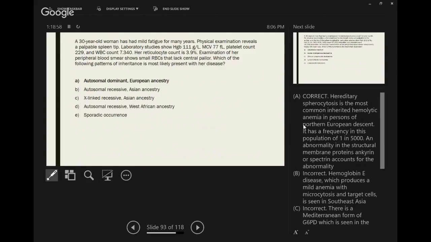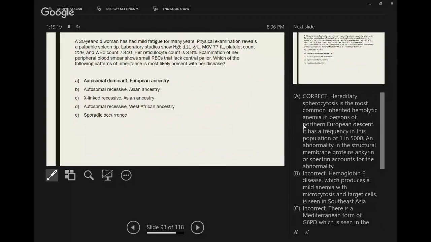Look, the thing is, I don't think beta thalassaemia fits with any of these ancestries. You'd expect to see a Mediterranean or Greek ancestry with beta thalassaemia. Alpha thalassaemia, this doesn't look like alpha thalassaemia.